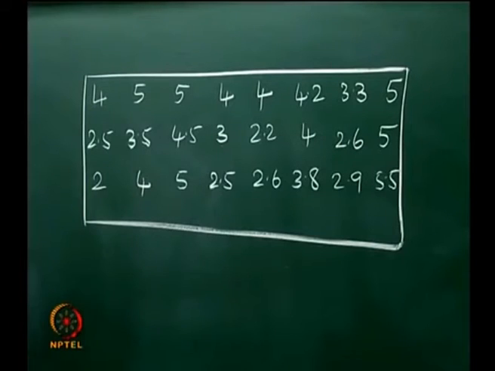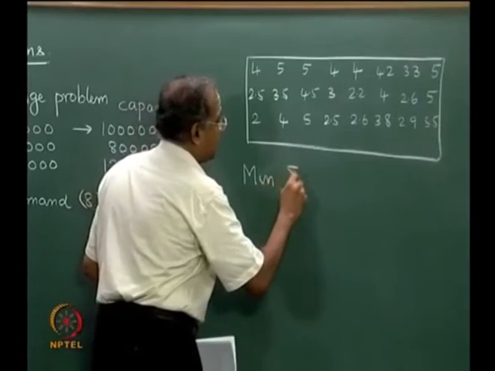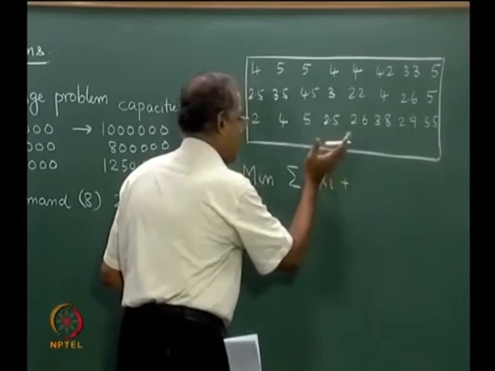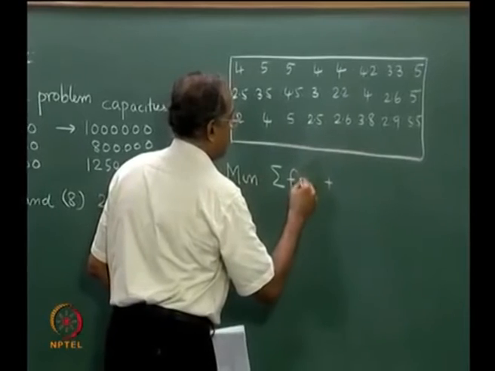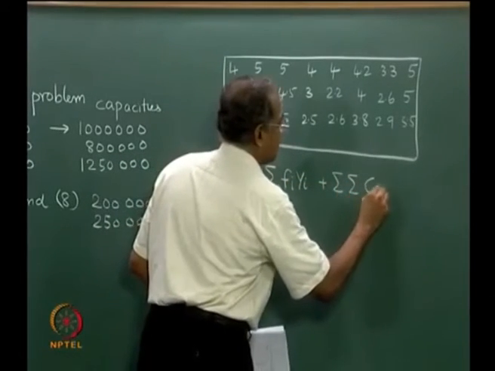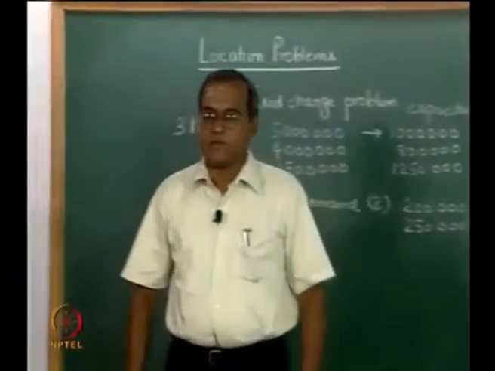So, if we use the formulation that we saw in the previous lecture, the formulation will have an objective function of the type minimize sigma Fi yi plus sigma Cij xij.